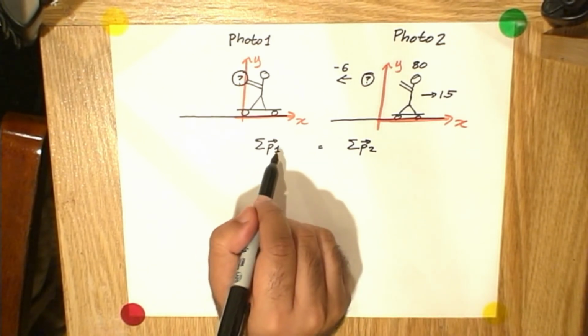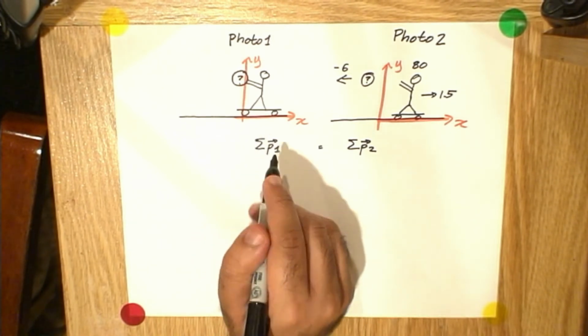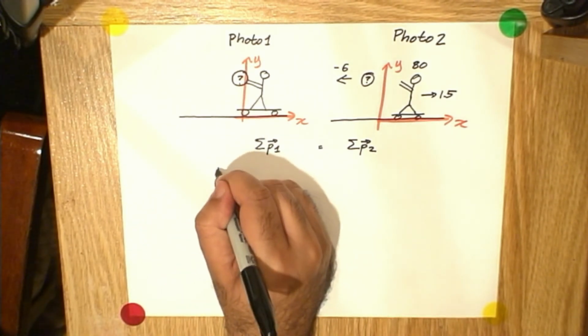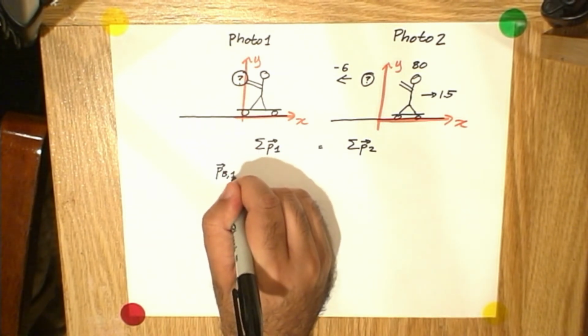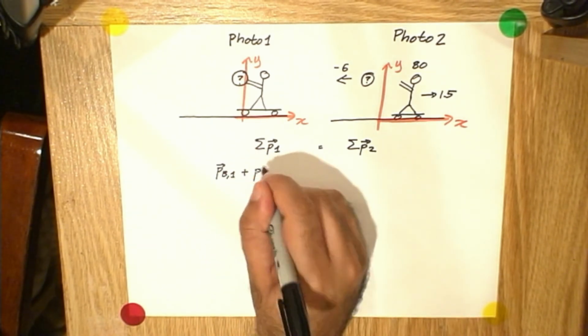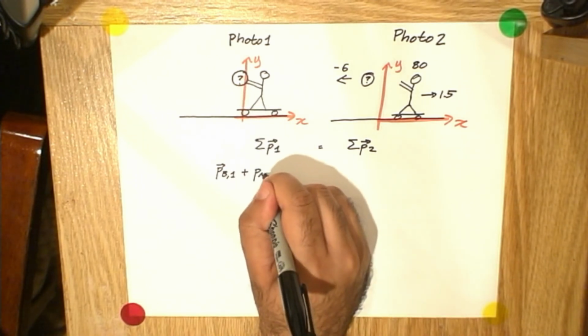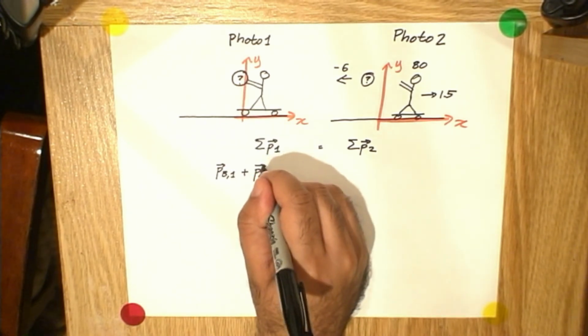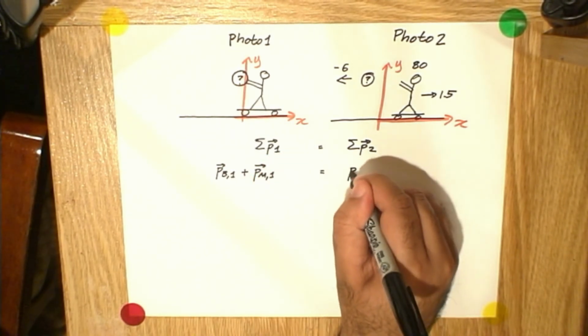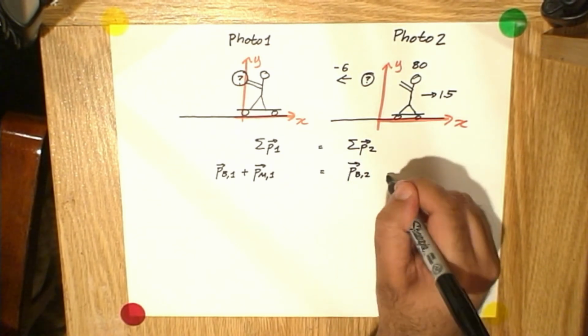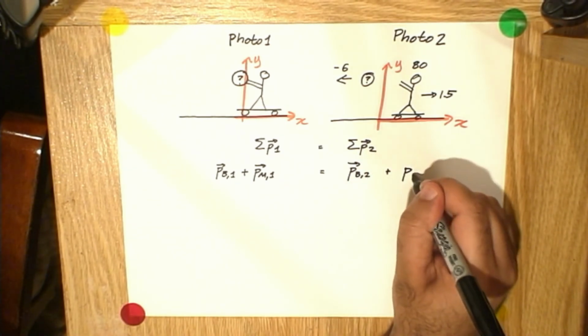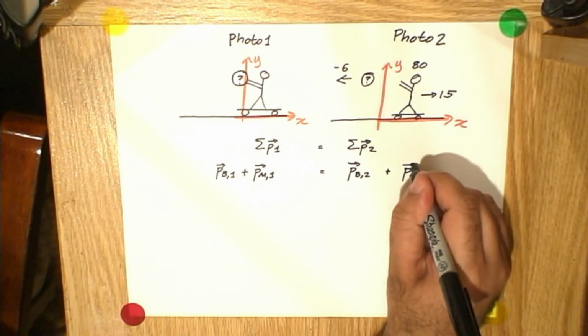Now, the total momentum in photo 1 corresponds to the momentum of the ball, let's call that P sub B in photo 1, plus the momentum of the man, let's call that P sub M in photo 1. And that's equal to the momentum of the ball in photo 2 plus the momentum of the man in photo 2.